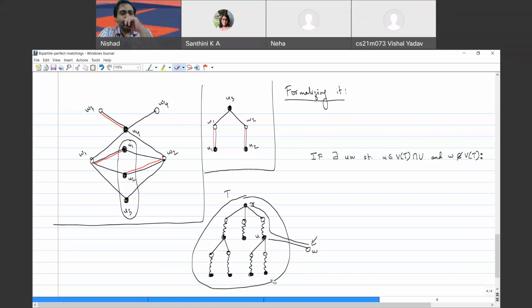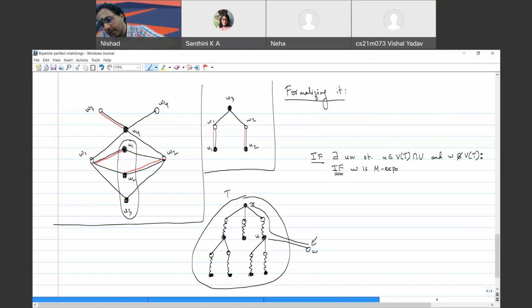All right. So if I get such an edge, then what should I be looking at? What is the next condition I want to look at? Let's check if W is exposed or it is not exposed. So if W is not exposed, okay, let me just do first exposed.